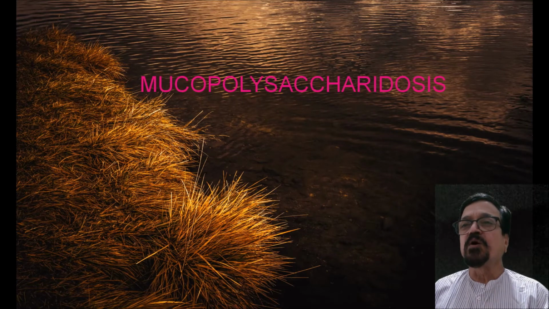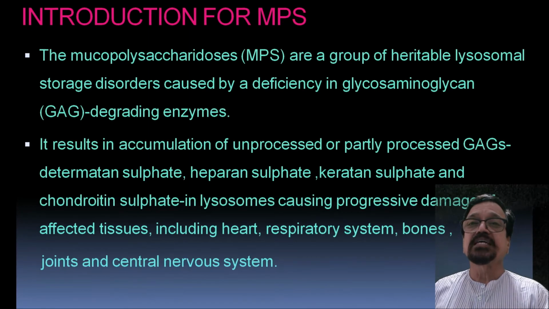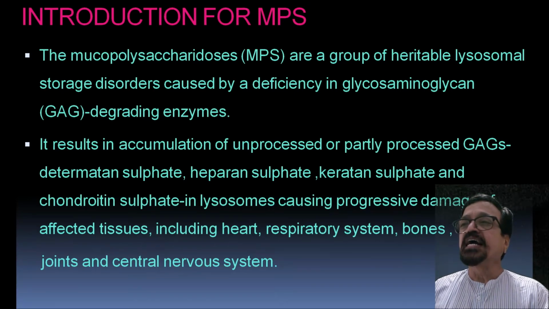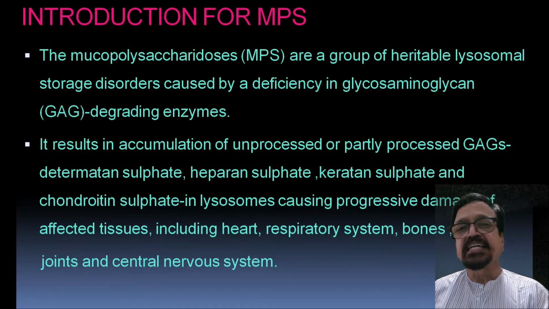Now, what is mucopolysaccharidosis? MPS as it is commonly said. Now, introduction for MPS. The MPS, mucopolysaccharidoses, are a group of heritable lysosomal storage disorders caused by deficiency in glycosaminoglycan, that is GAG, degrading enzymes.